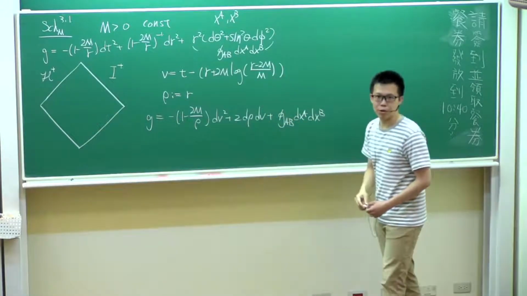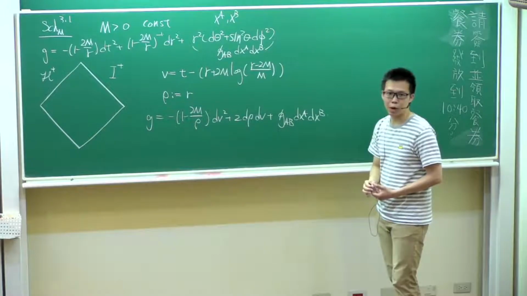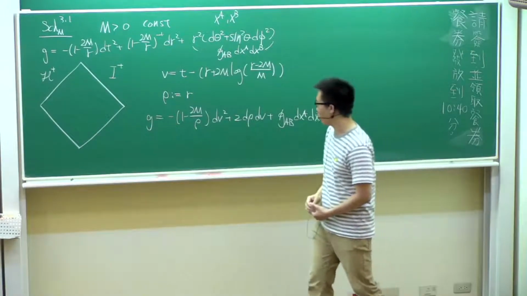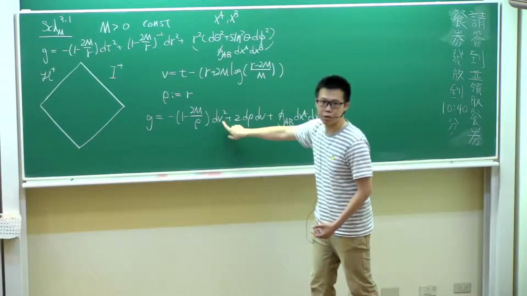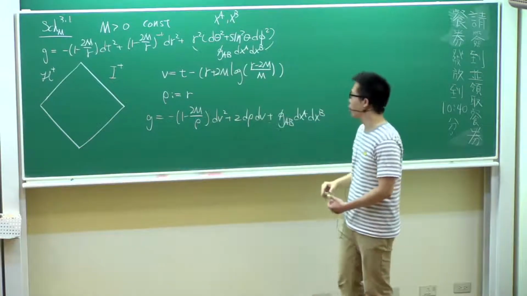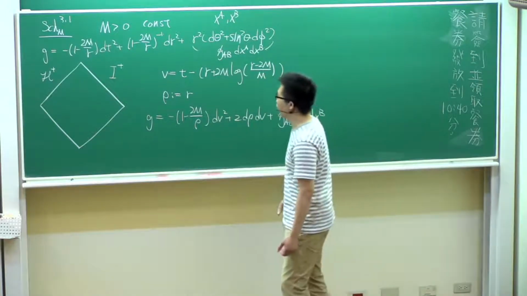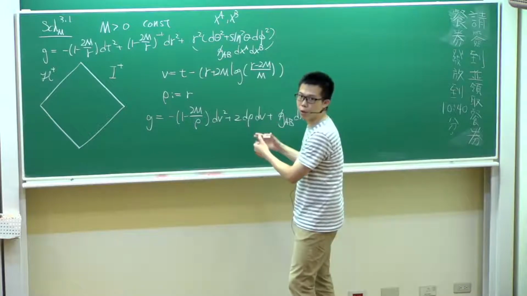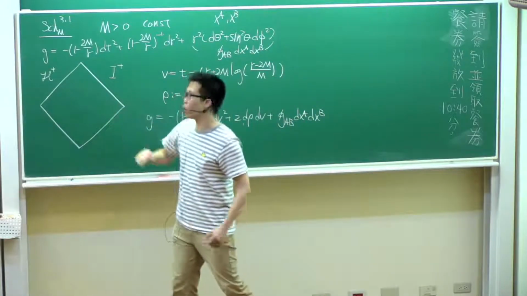This is pretty similar to the Eddington-Finkelstein coordinates we have seen these days, but it is the incoming direction, so here it is plus 2 d rho dv. In particular, this is a regular coordinate all the way up to the horizon.